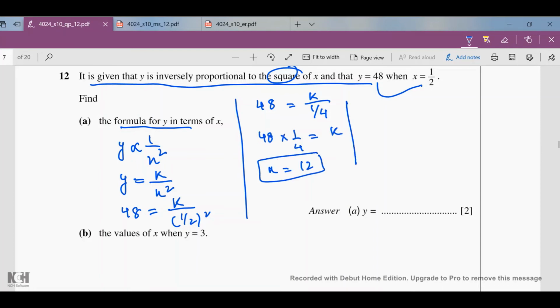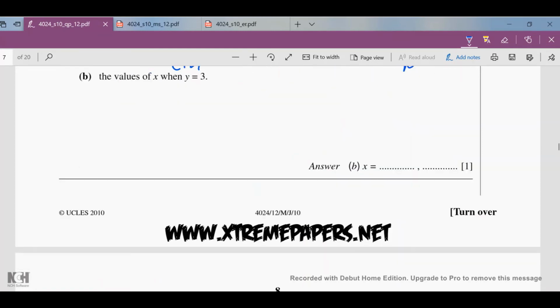Okay, now the formula, because we have found k, so I will write the value of k here. y equals to 12 upon x square, and that's your answer. Okay, when we have y is equals to 12 upon x square, find the value of x when y is 3. Okay, y is 3, putting in the formula.